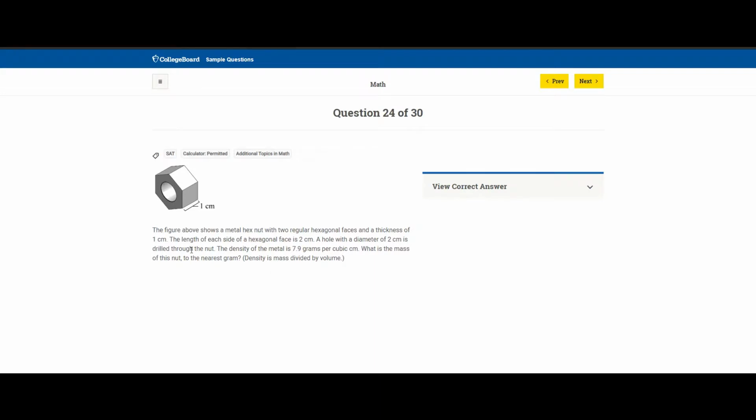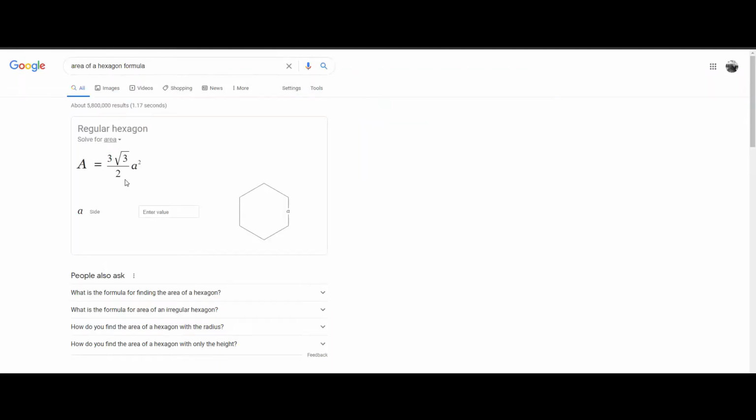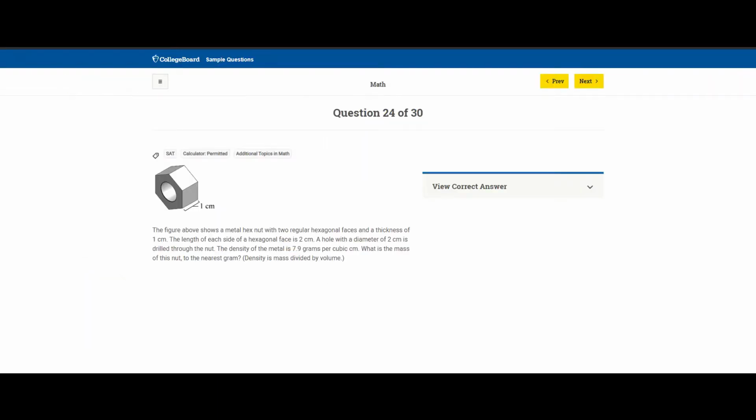Okay, so 2 centimeters. So it's 3 square root of 3. Okay, so 3 square root of 3, and then times that, well, hold on a sec.